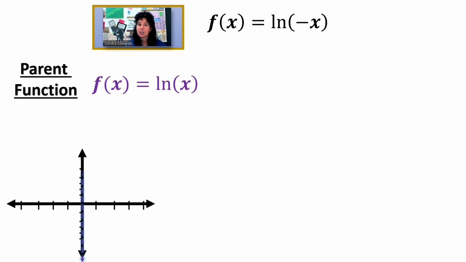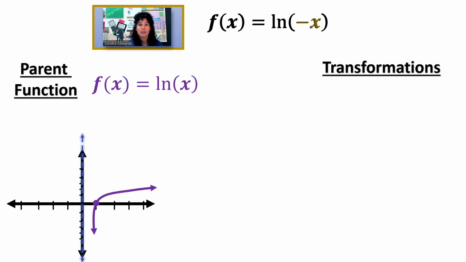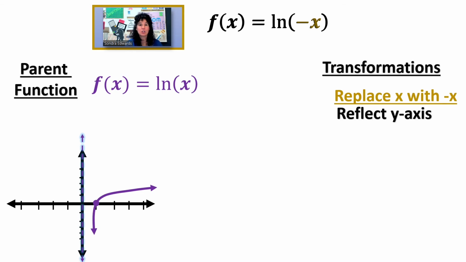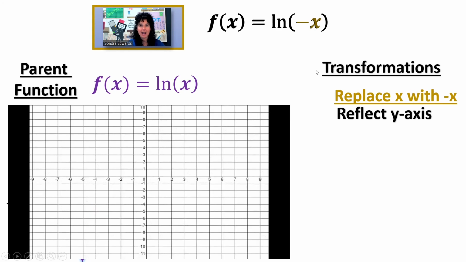So it's still going to look like that basic log function. And then the only thing that's been done to it is x was replaced with a -x, which is a reflection across the y-axis. All right, so here's a quick picture of that happening.